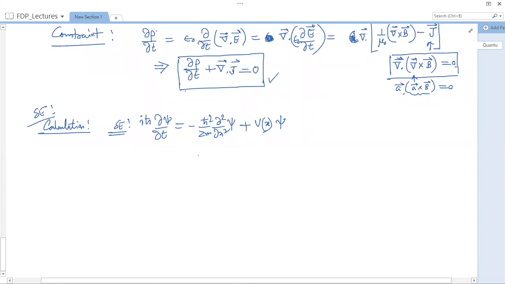Now, since you have this Schrodinger equation, you can take the complex conjugate and make conjugation everywhere. You can write the complex conjugate version of the Schrodinger equation. Now, V of x is real. It's very important.